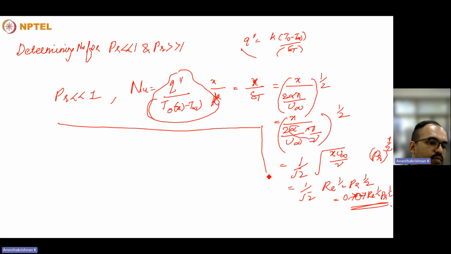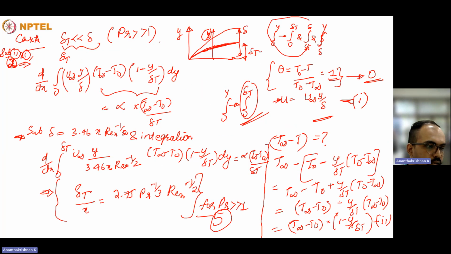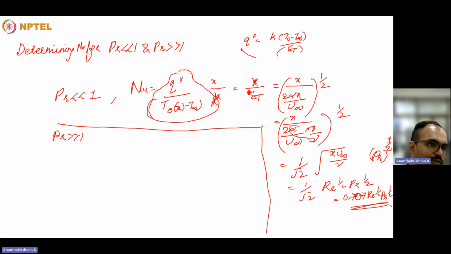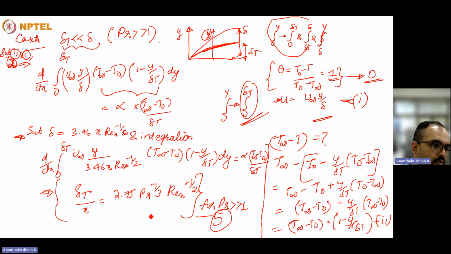The other case which we have seen first, when the Prandtl number is very much greater than 1, we got the value of delta t by x. So we know that Nusselt number is equal to x by delta t. We know the value of delta t divided by x. So substituting the value, it will be the inverse of this one.